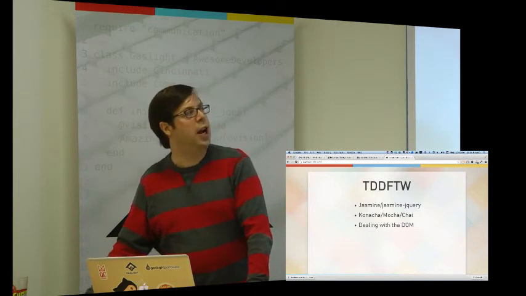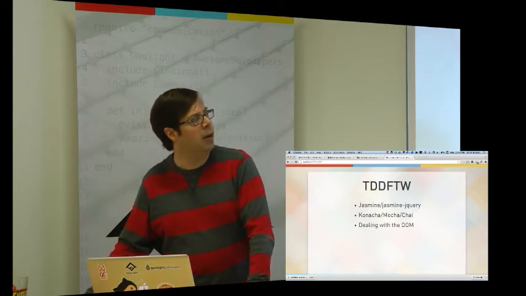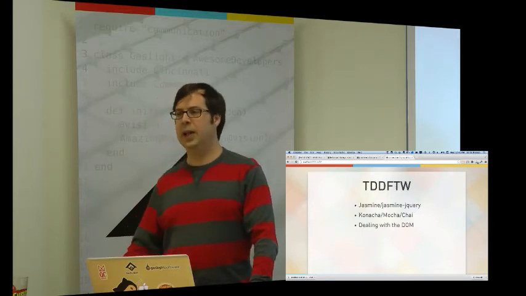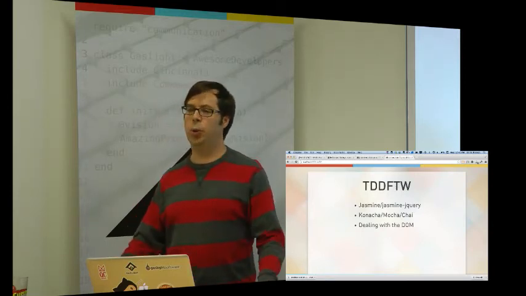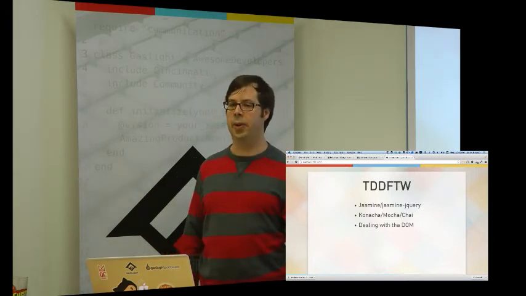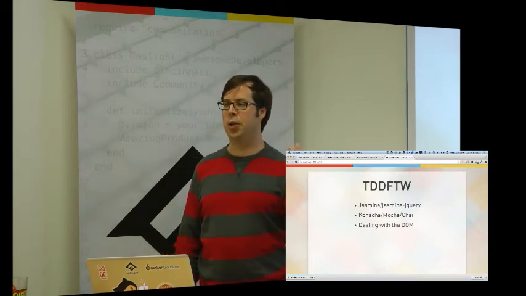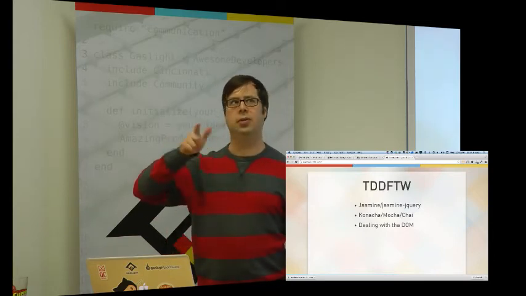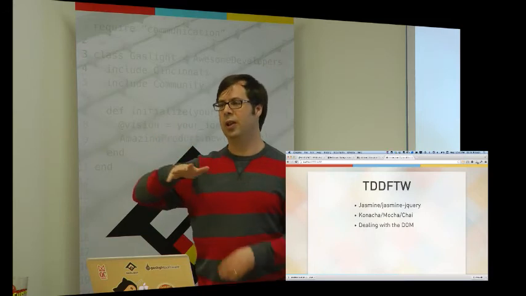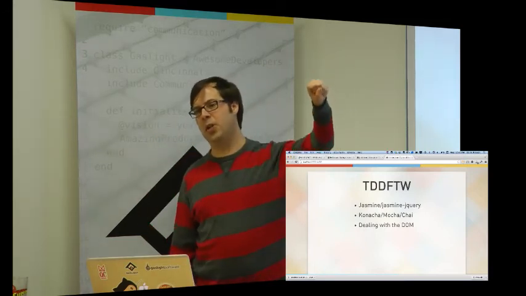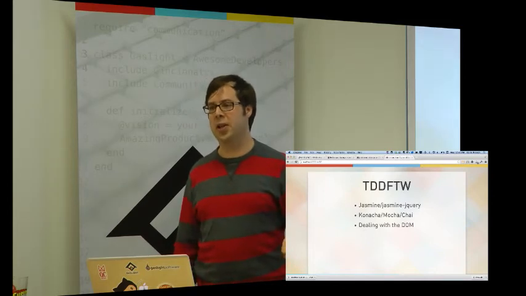Jasmine jQuery was a library that we've used quite successfully in a lot of projects. Its approach is that it gives you a specific sandbox element that it creates and destroys before and after it executes each test case. So it creates it before the test case runs and gets rid of it at the end of the test case.